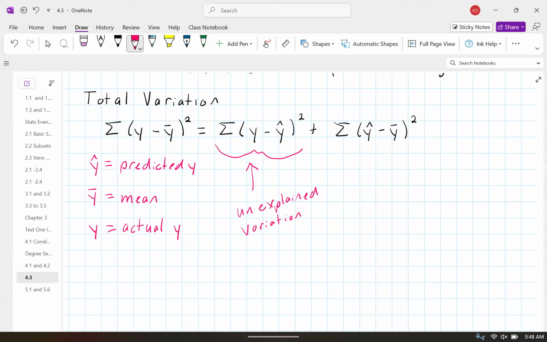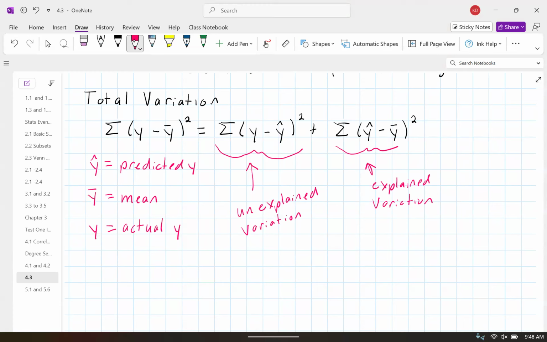It's our actual data minus our model data. There's a difference there and we don't know why. So that's the unexplained part. This would be explained variation: our model minus our mean. We square all of those and it's going to give us a nice positive number in the end.